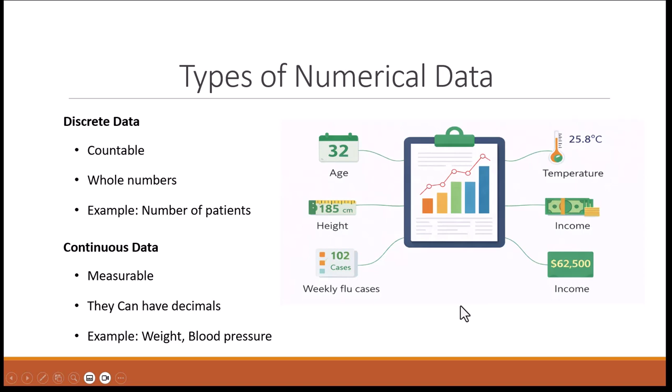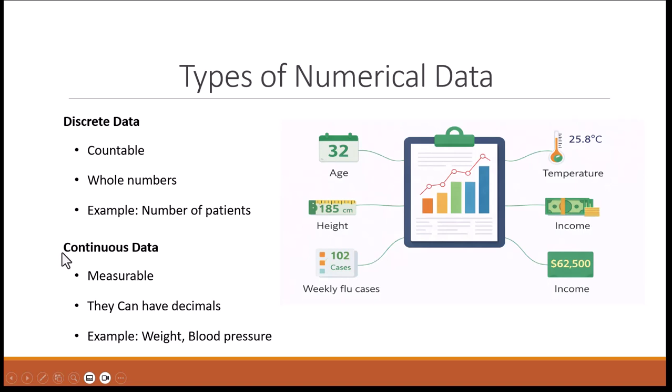Numerical data again are divided into two groups: discrete data and continuous data. Discrete data is a type of data that is countable, but they should be represented in whole numbers, such as number of patients. What does it mean? It means, for example, we can have 102 cases for the patients, but we cannot have 102.5 cases.